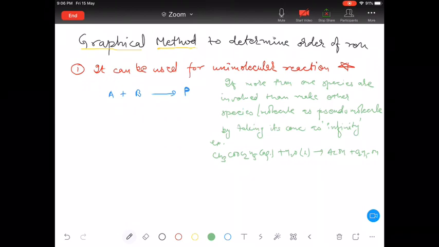So here this will be taken as aqueous, here aqueous.